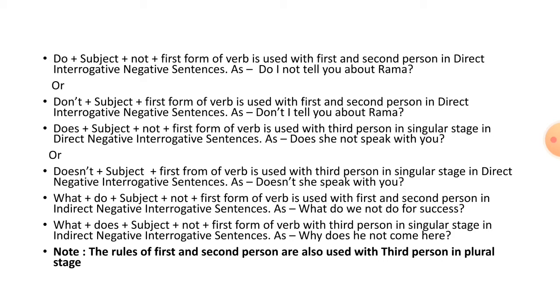Students, in this sentence there is a slight change, that is the change about not. We can say this is the example of direct question, but with the direct question there is one thing extra, that is not. It means negativity in this sentence.